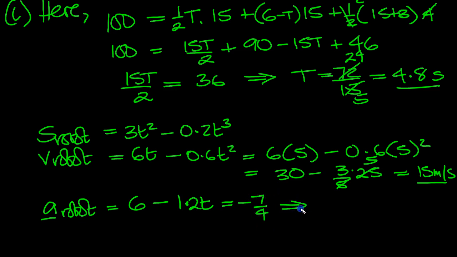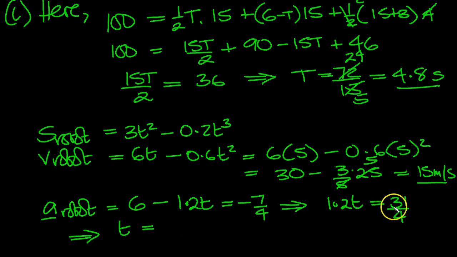So move the 1.2t over to the other side, and then on the other side, 6 is 24 over 4, plus 7 more is 31 over 4. So that tells us what the time is.